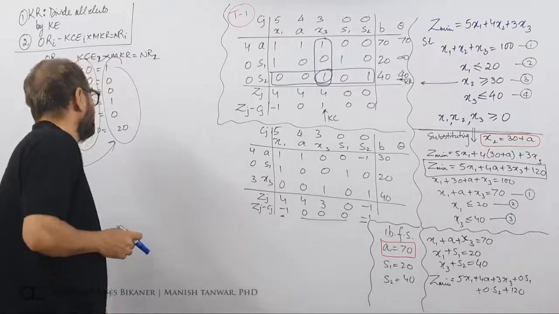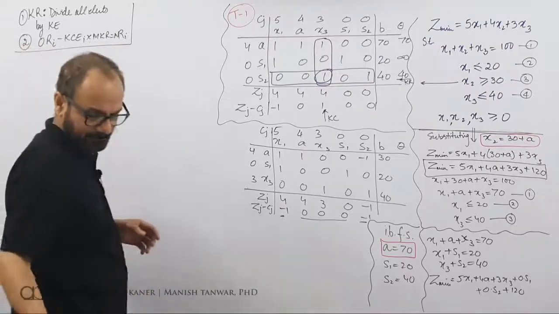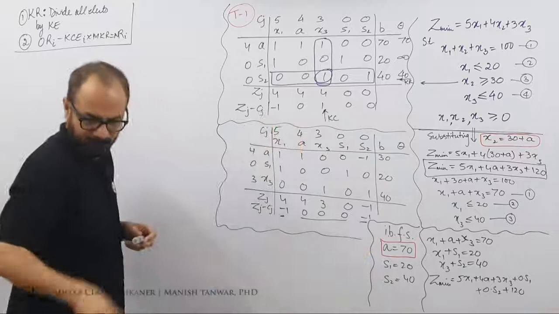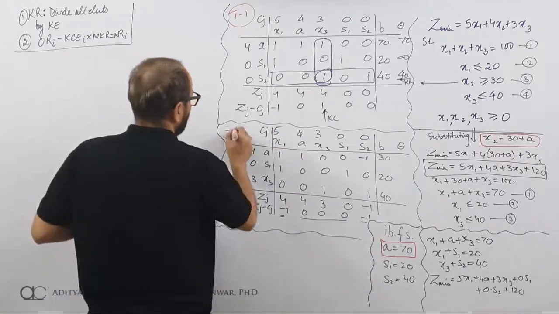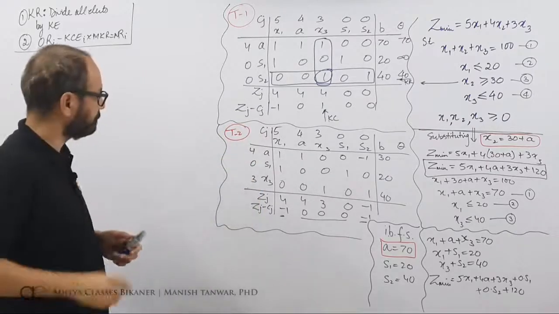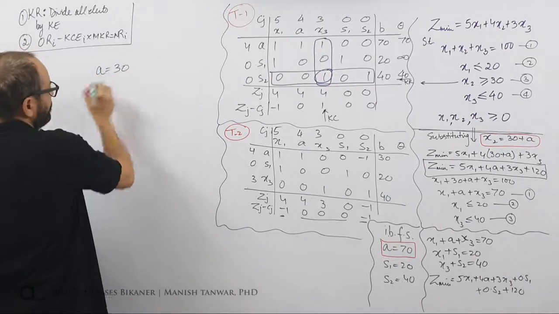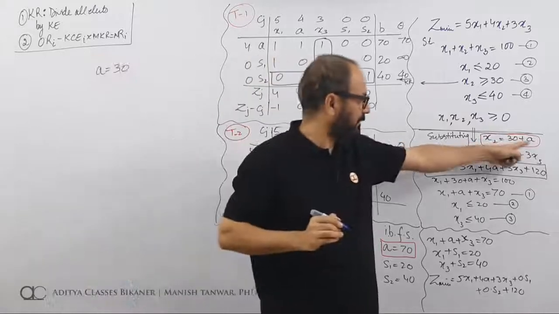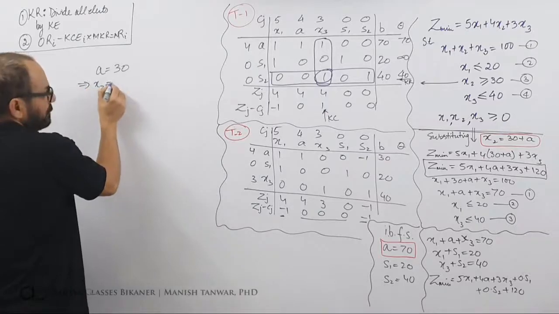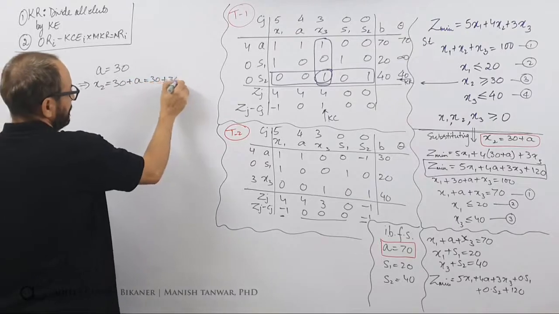What will be my final solution? Can I try to summarize it over here? This is our table 2. Okay, the final solution is A is equal to 30, thereby making x2 equal to 30 plus A, 30 plus 30.